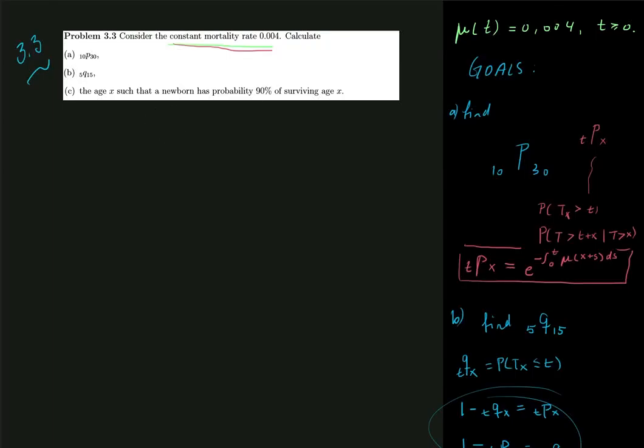So, problem 3.3. Well, let's just start from one end and work all the way down.